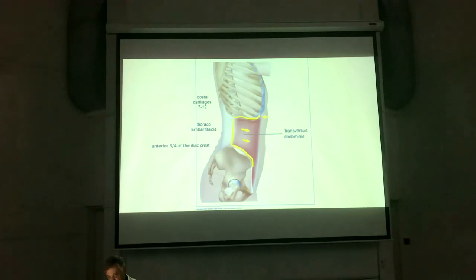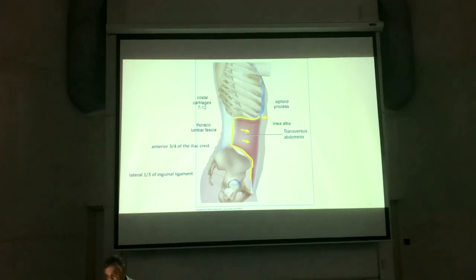Anterior 3/4 of the iliac crest, because they are not coming from all of the iliac crest and not from all of the inguinal ligament, and then it inserts the same way. Xiphoid process, linea alba, and lower down is the conjoint tendon and pubic crest.